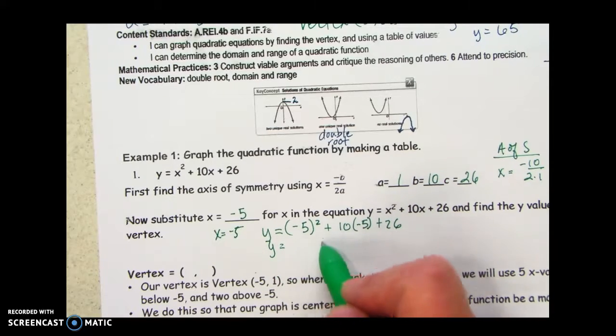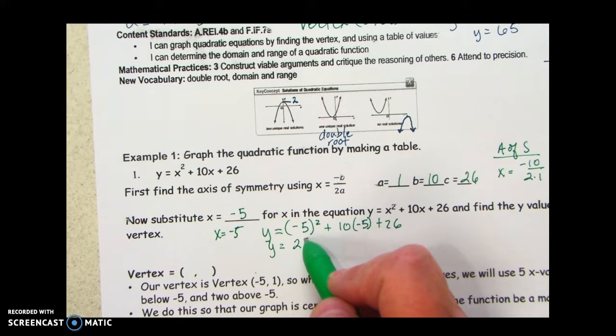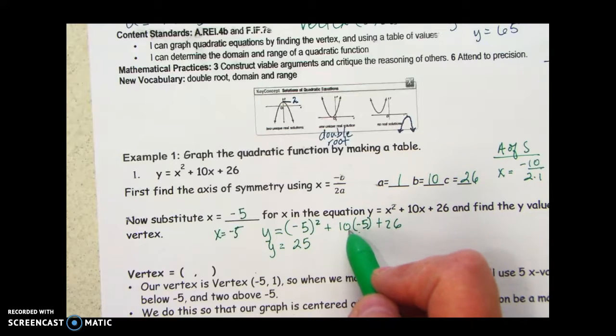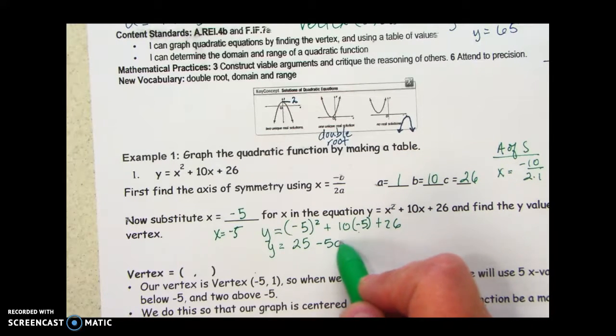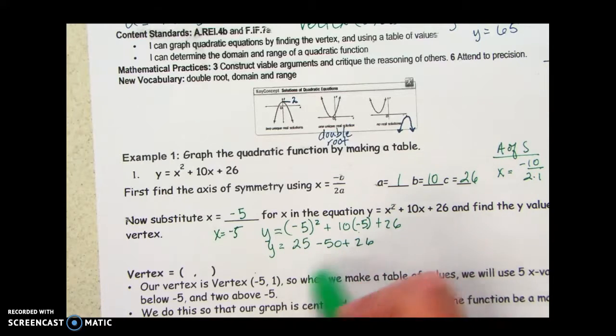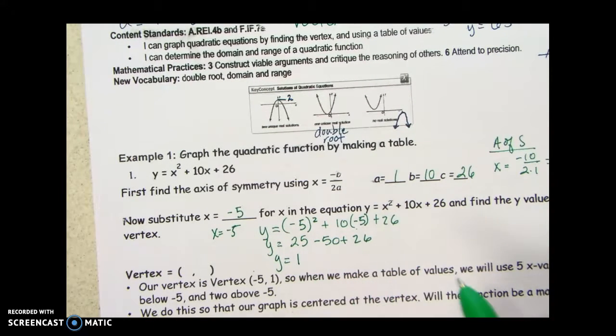So y equals -5 squared, that's -5 times -5, 25, positive, minus -5 times 10, 50, plus 26. And when I add all those numbers together, y equals 1.